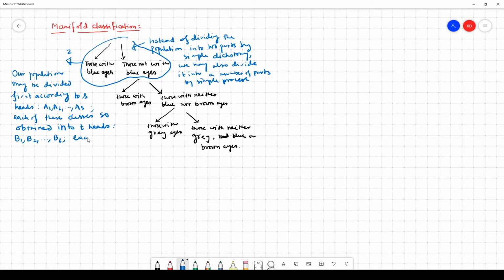Again, each of these B heads is divided into U heads, say C1, C2, up to CU, and so on. Then this is called manifold classification.